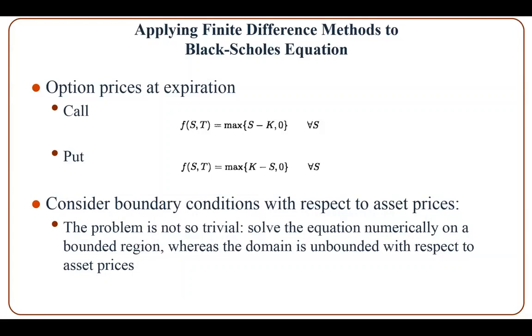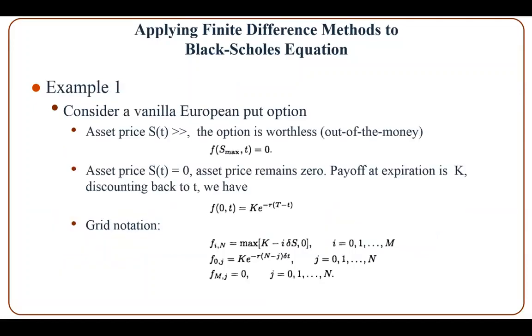Considering the boundary conditions with respect to asset price, the problem is not so trivial because we have to solve the equation numerically on a bounded region, whereas the domain is unbounded with respect to asset price. Consider a vanilla European put option as example 1.